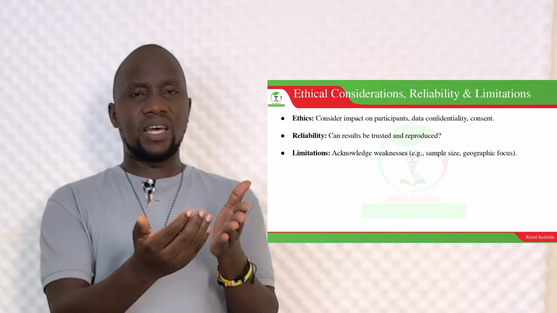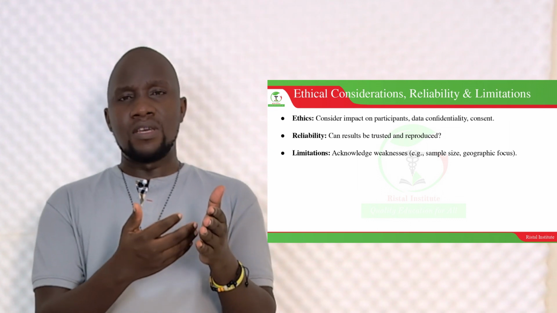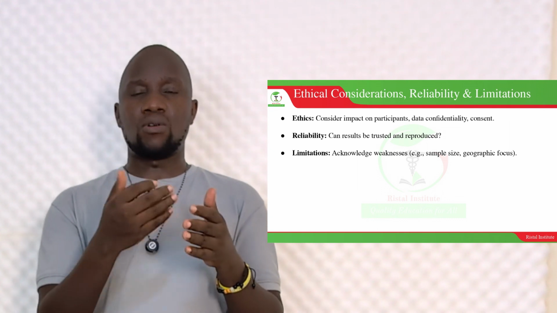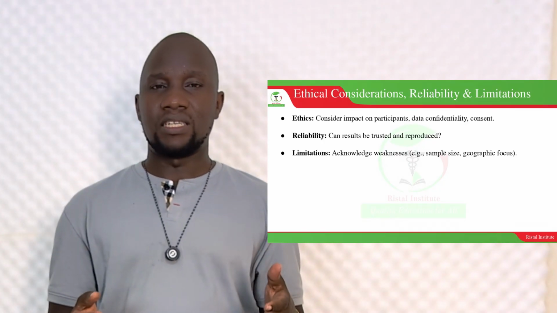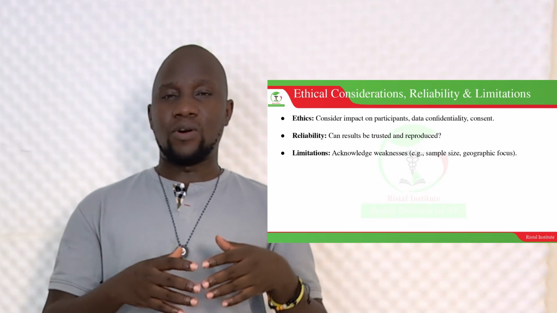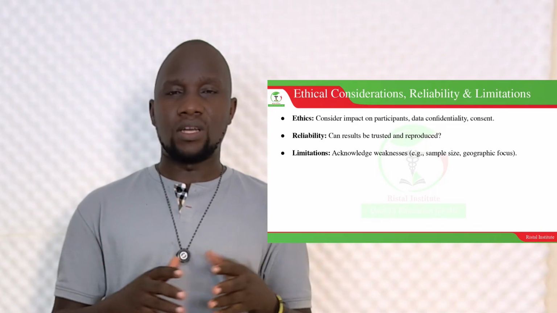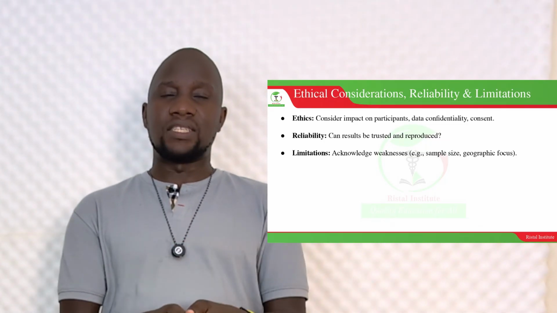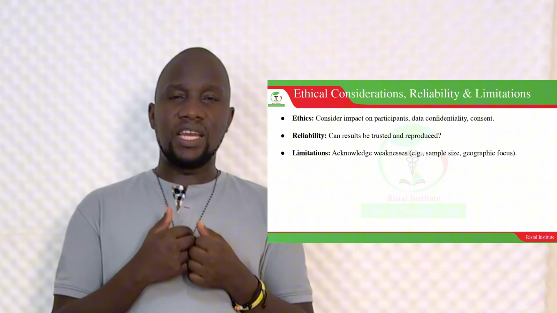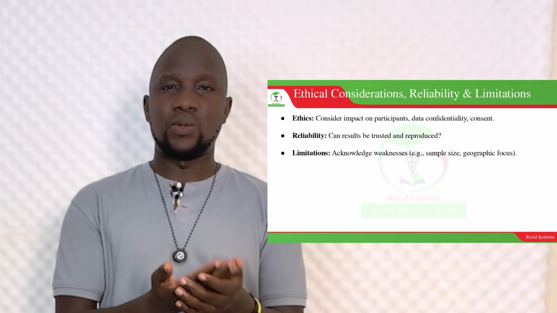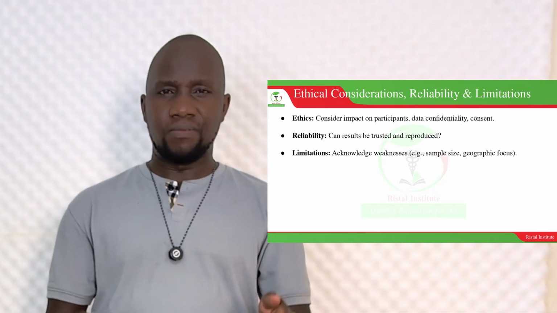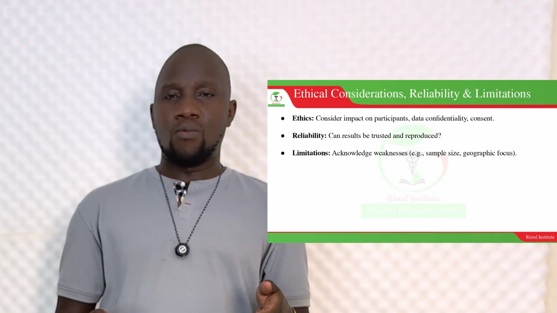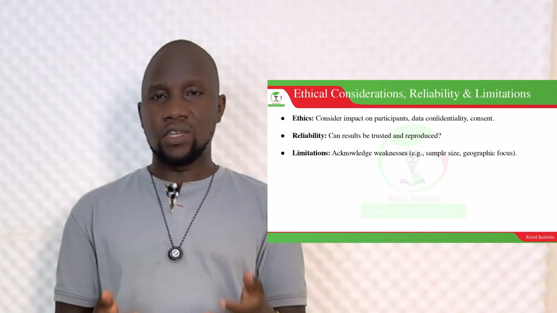When you write a limitation, you say, for example, if this research study included only 50 students, if your research problem is about investigating a particular phenomenon among students, and you only had 50 students to interview, and perhaps this did not give you what you ought to have gotten.